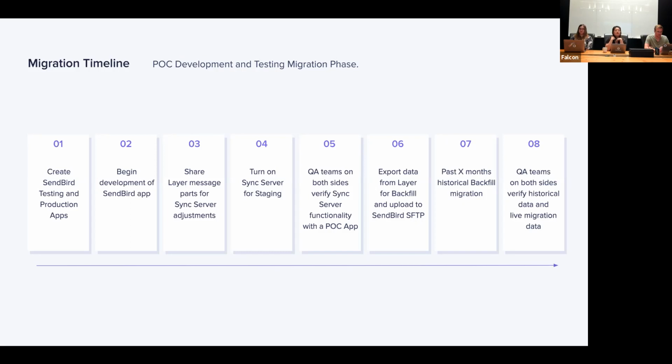We just need to know that it's going to look a lot like your production data if it doesn't already. And finally, the QA teams on both sides are going to be able to have an opportunity to verify that historical data was imported into SendBird properly, and the live migration data is, again, still flowing back and forth and looks nice with that historical data set.